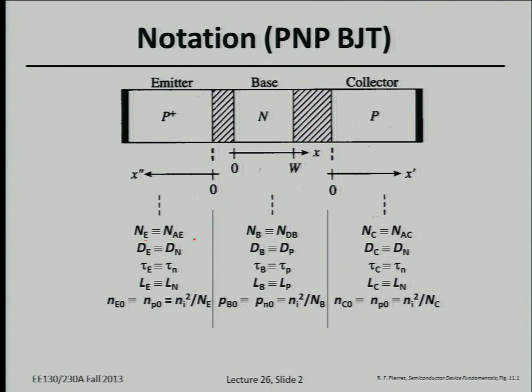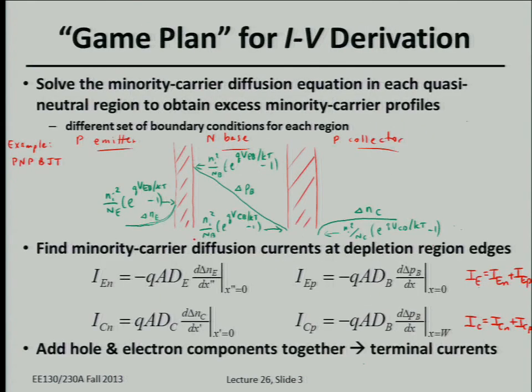N sub E naught refers to the equilibrium concentration of electrons in the emitter. Okay, so the emitter, in this case, is P-type. Then it's the minority carrier concentration, so it's n_i squared over the dopant concentration, N sub E, because we're assuming the majority carrier concentration is equal to N sub E. Okay, so hopefully you'll get accustomed to this notation, because we need to keep track.